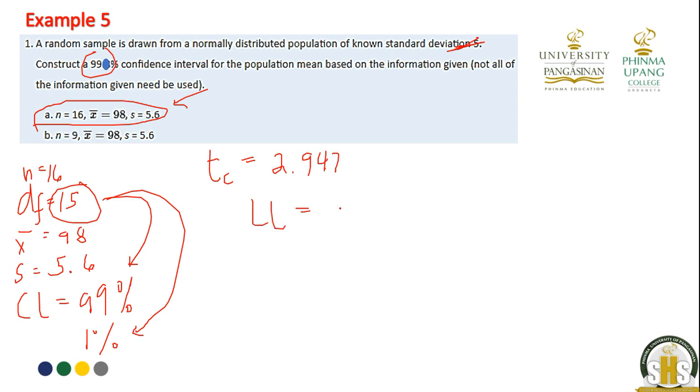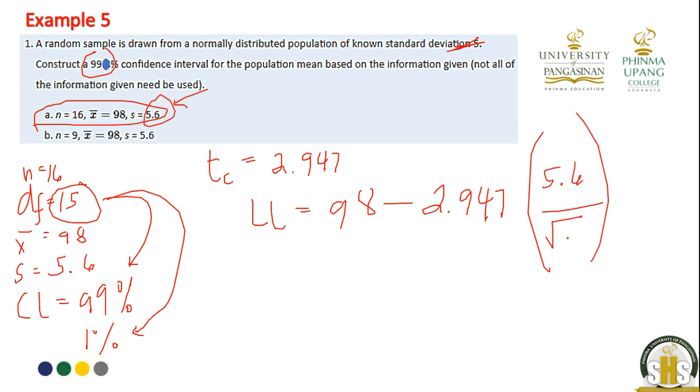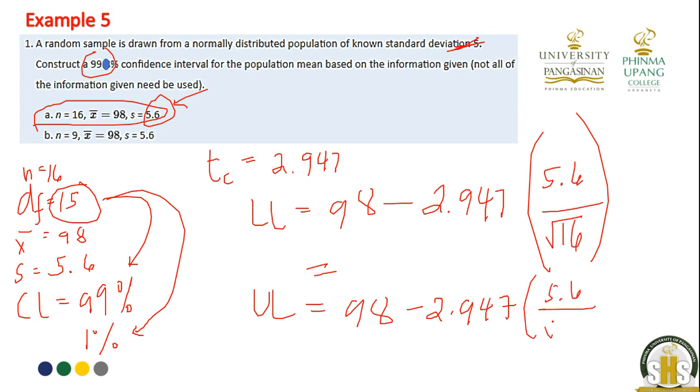LL: X bar is 98 minus 2.947. Your SD is 5.6 square root of 16. Answer, what is LL? 93.87.